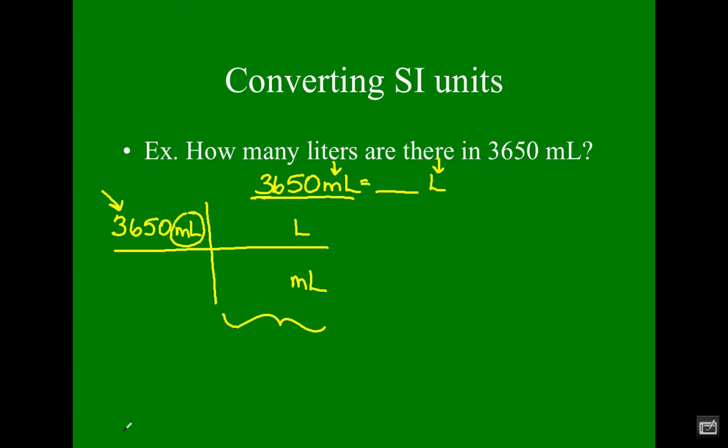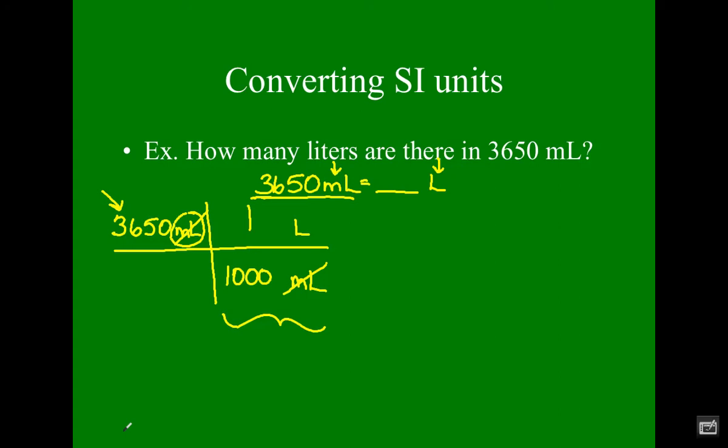Now I can fill in the numbers. We know that 1 liter is the same thing as 1,000 milliliters. This second step is literally the same thing as multiplying by 1. We're just changing the units, that's all we're doing. Once I have this set up, my milliliters on the top and my milliliters on the bottom cancel each other out.